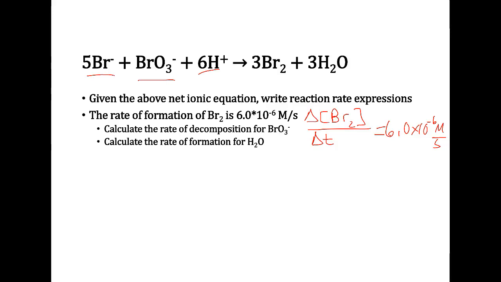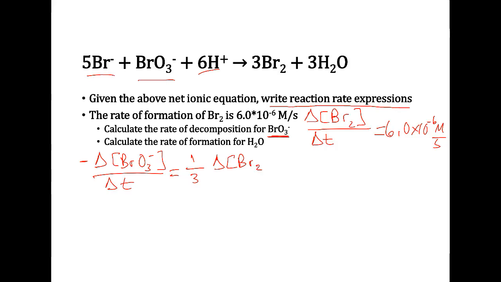So you can start out by writing the general rate expression for all of this. In the interest of time, I'm just going to compare it to the individual pieces. For the first step, calculate the rate of decomposition of BrO3 minus. Well, we'll write out just this part of the general rate expression. We have the bromate ion over the change in time equal to 1/3 times the change in bromine concentration over the change in time.